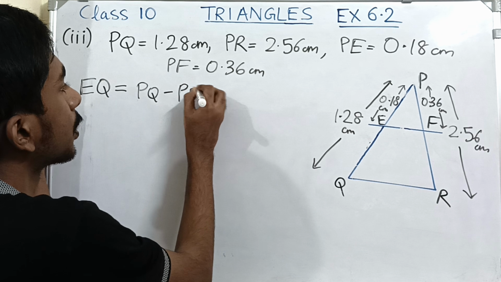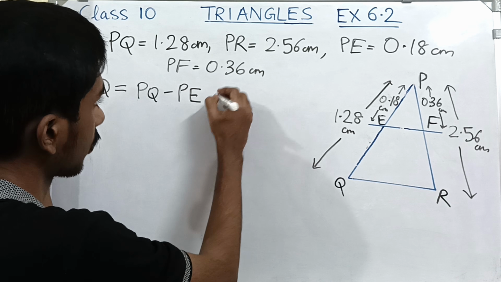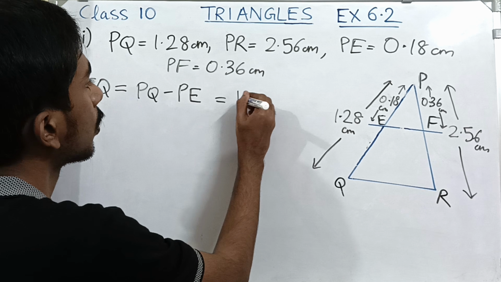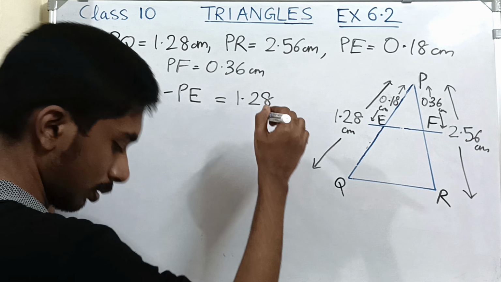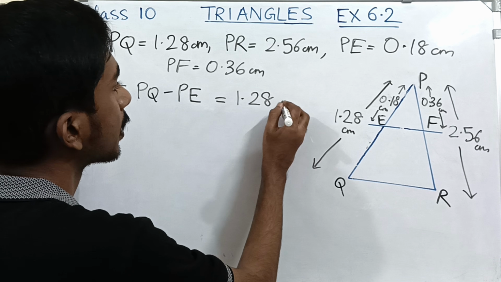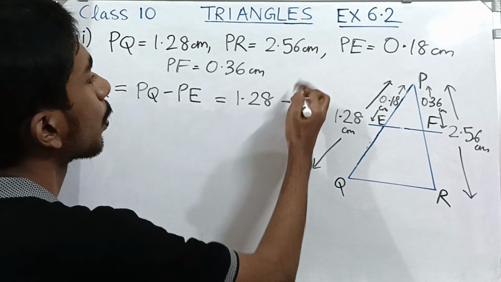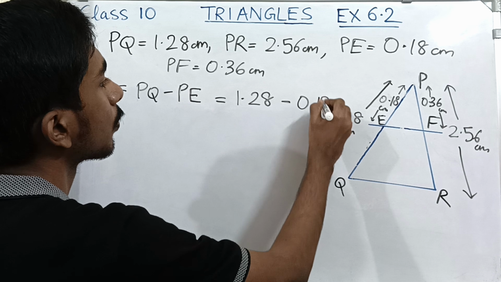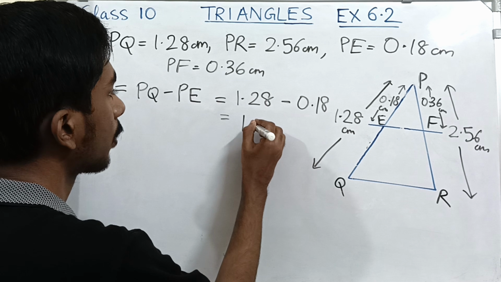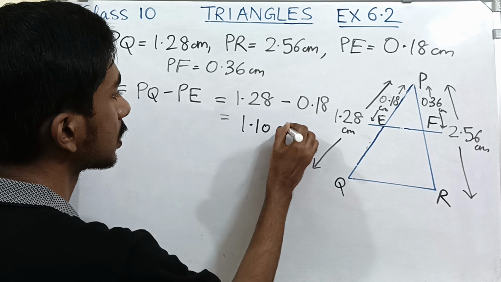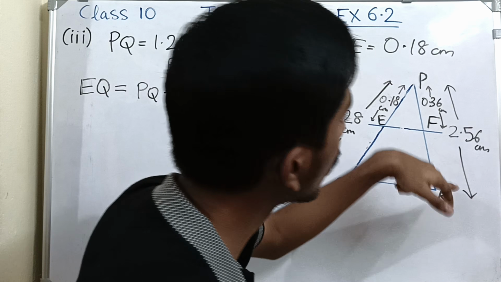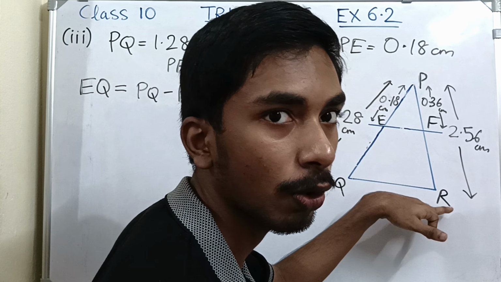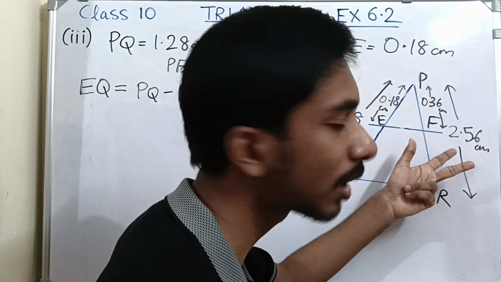PQ minus PE, which is equal to, PQ is how much? 1.28 minus PE is 0.18, which is equal to 1.10 centimeters. And on the right hand side also I want PF over FR. But where is the FR length? It's not directly given.